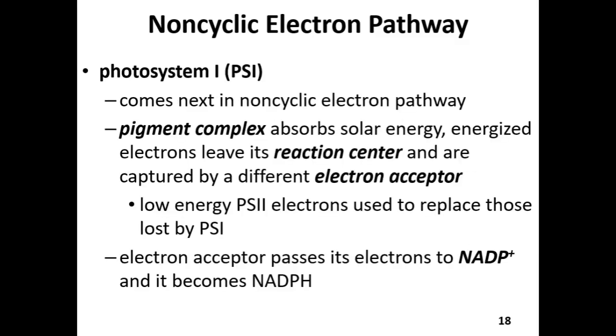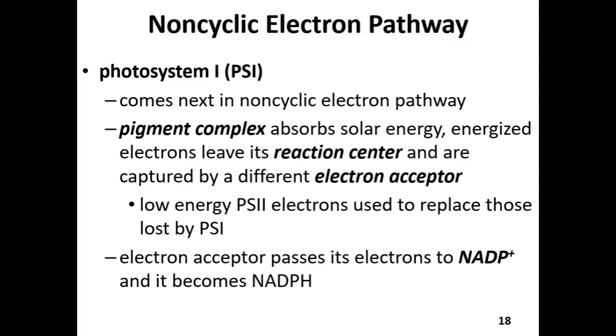When the reaction center of photosystem 1 absorbs the sunlight energy, it again activates that electron. The electron moves up in energy levels and eventually will jump, but this time it's going to jump and attach to NADP.